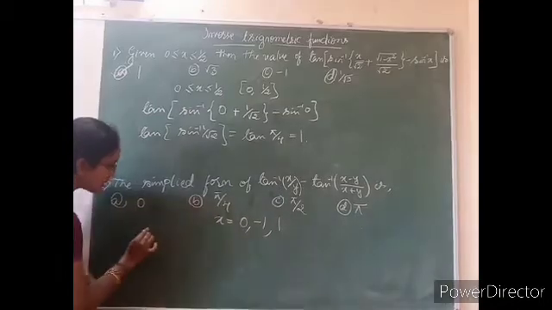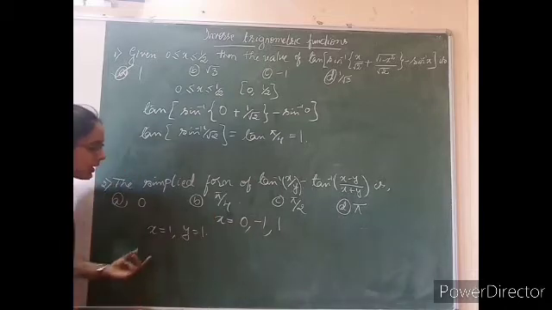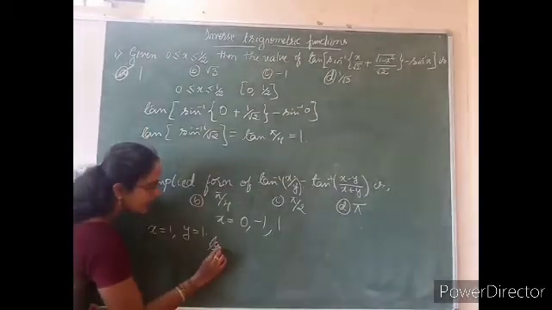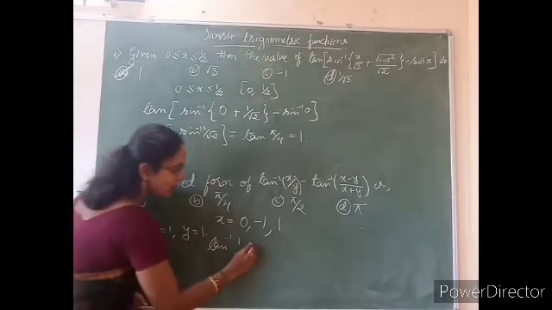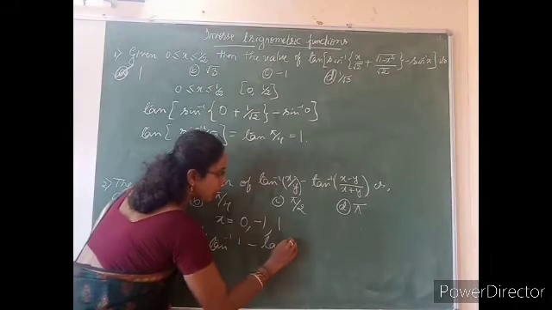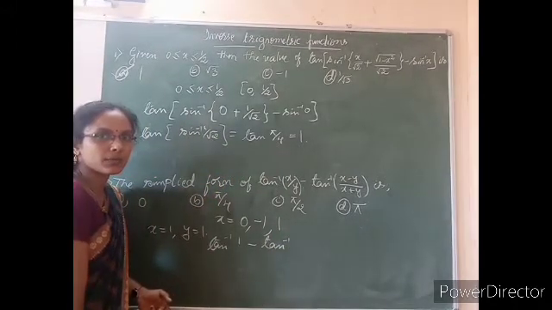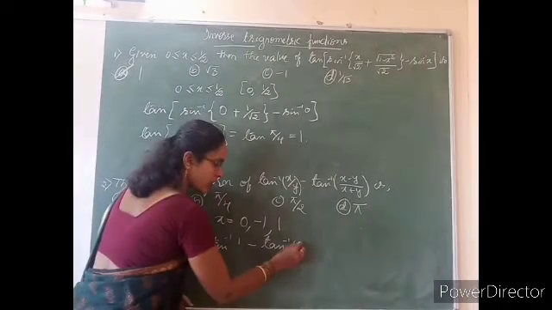So for simplicity, I choose x equal to 1 and y equal to 1, and substitute this in the given expression. What will you get? Tan inverse of 1 by 1, that is 1, minus tan inverse of 1 minus 1 is 0, 0 divided by 1 plus 1 is 2, and 0 divided by any number is 0, so tan inverse of 0.